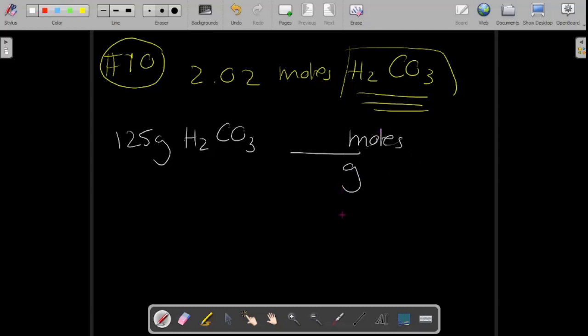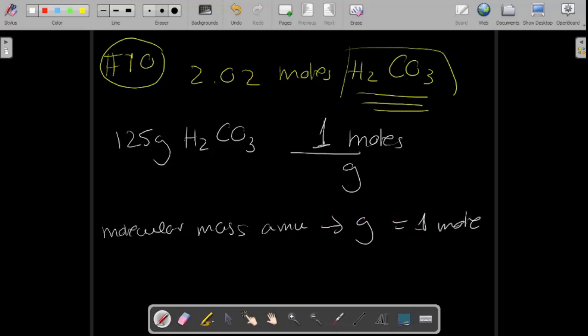But to be able to do that, you need a conversion factor. You need to know how they are related. So you need to find out how many grams are in 1 mole. You know that you can find the molecular mass of whatever, in AMUs and call it grams, and you have 1 mole of that substance.